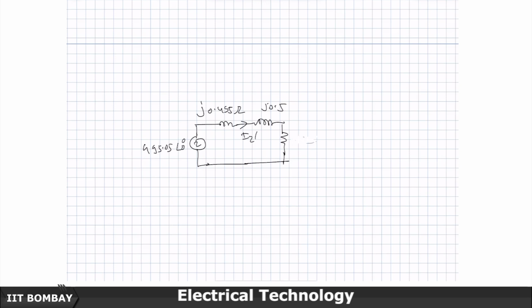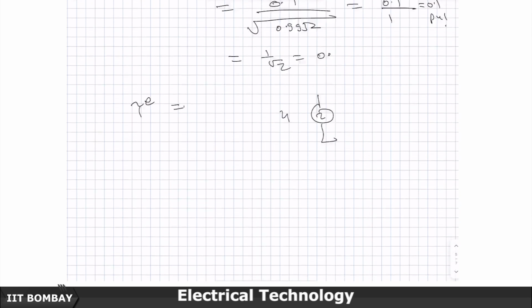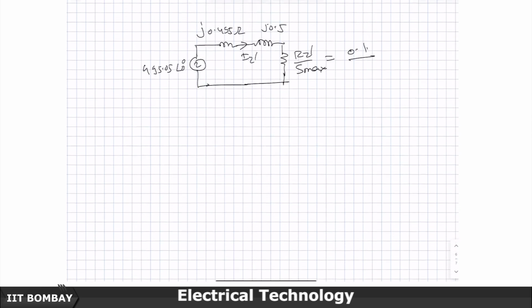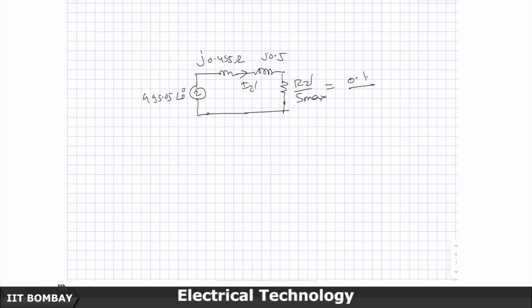R2 dash by S, this was at slip 0.05. So, it came to 2 ohms, but now it is R2 dash by S max, which is 0.1 divided by, what is the S max we calculated? S max we calculated as 0.1 itself, right, approximately 0.1. So, therefore, 0.1 by 0.1 is going to be equal to 1 ohm.